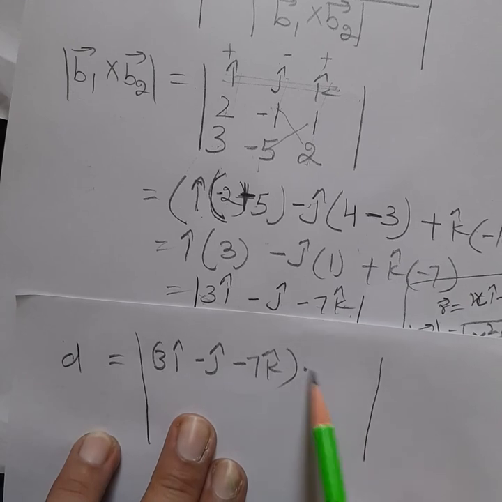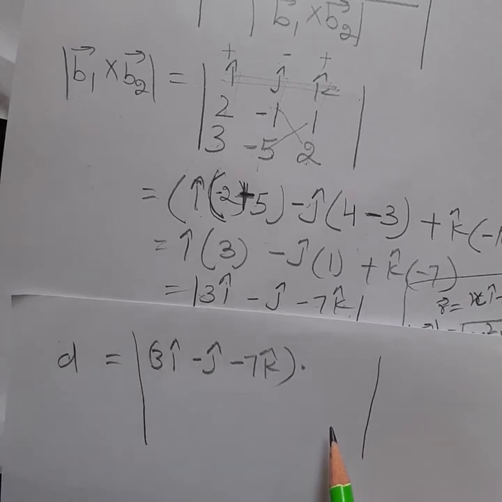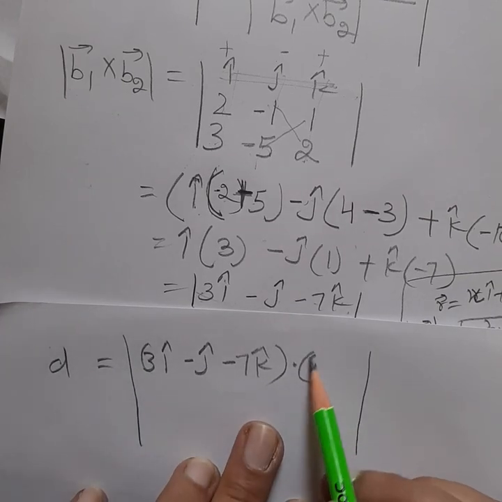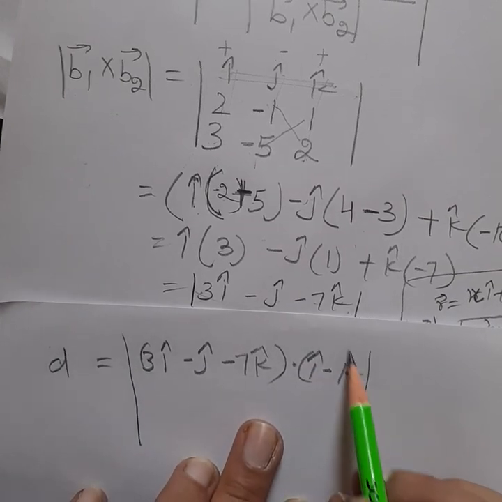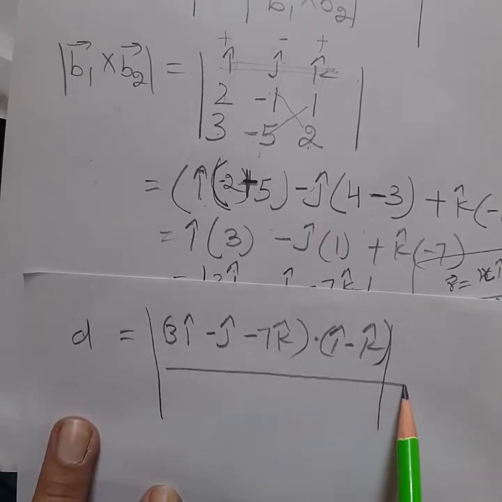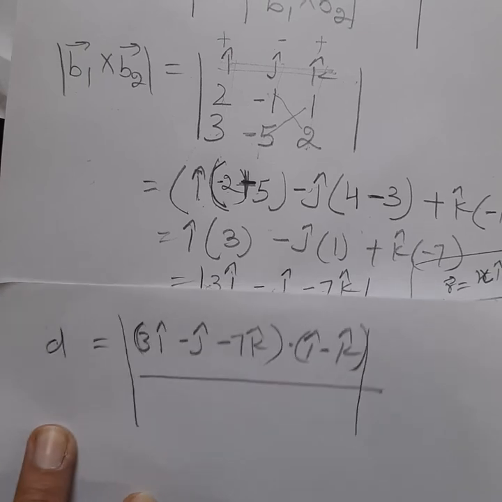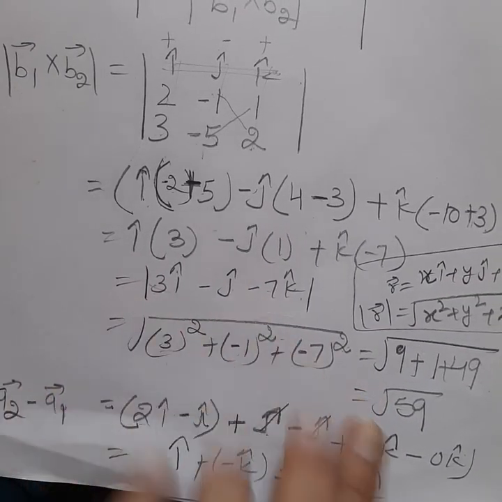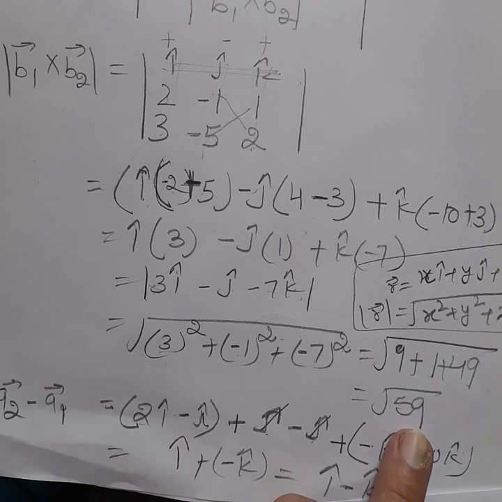Now what is the value of a2 minus a1? That is i minus k. And what is the modulus of this? You can see from your question, modulus is a square root of 59.